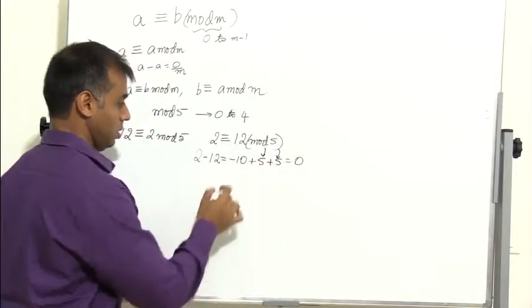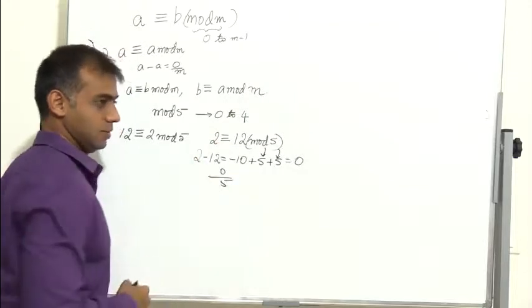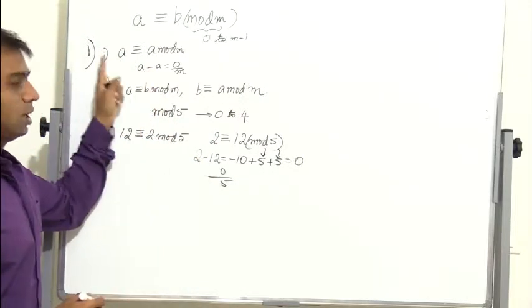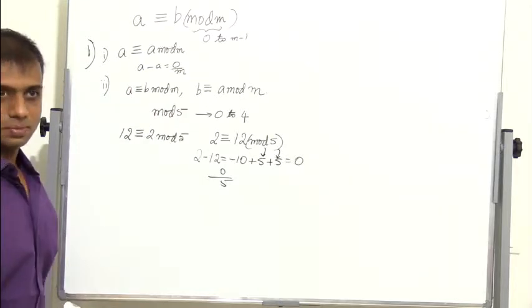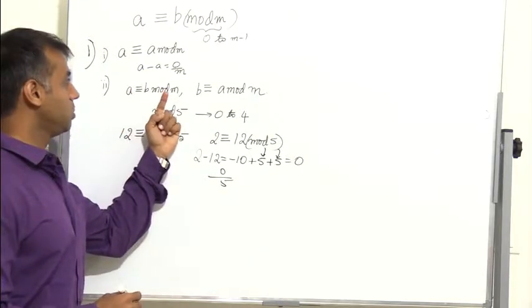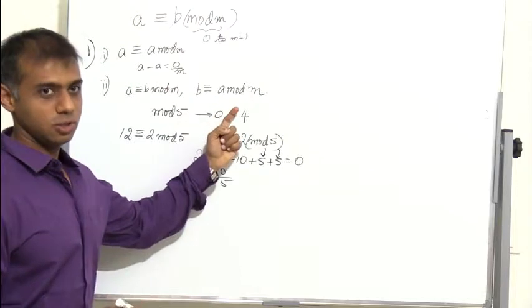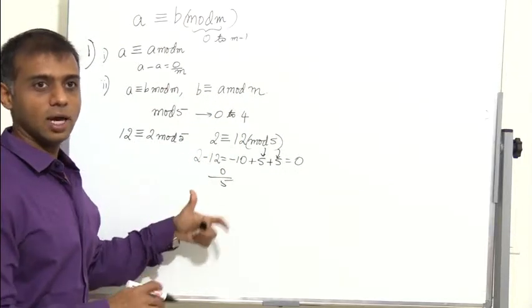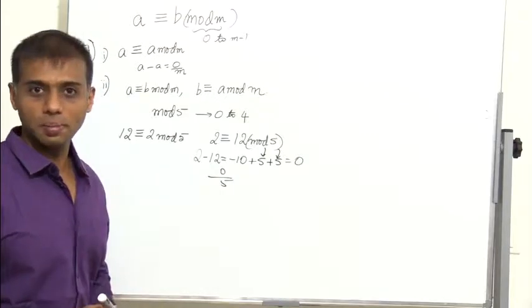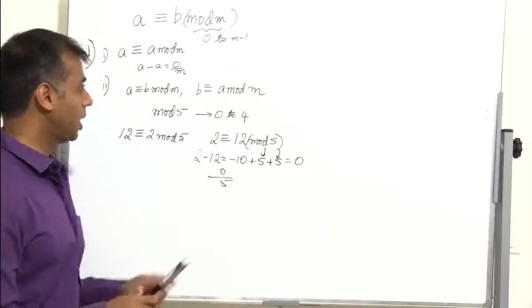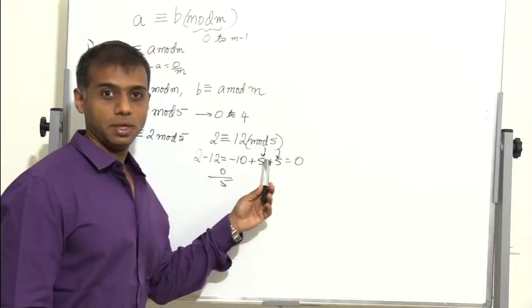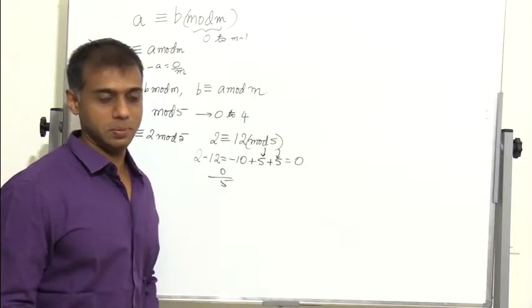So 0 is definitely divisible by 5 according to part 1 of the first property. So A is congruent to B mod m if and only if B is congruent to A mod m. And if we get a negative number, we have to get its positive counterpart. How do we get its first positive counterpart? By repeatedly adding the mod value n until we get the first positive number.